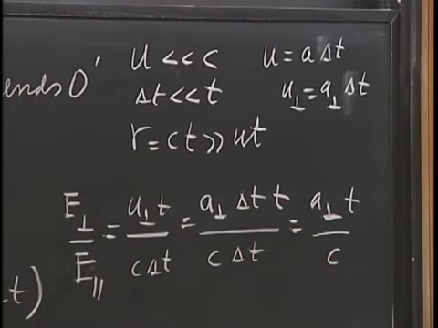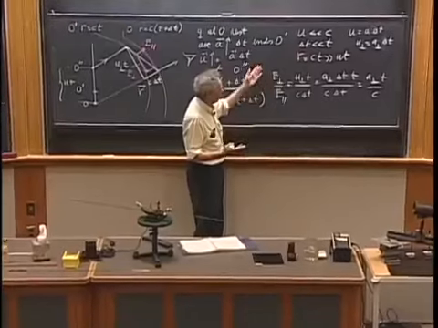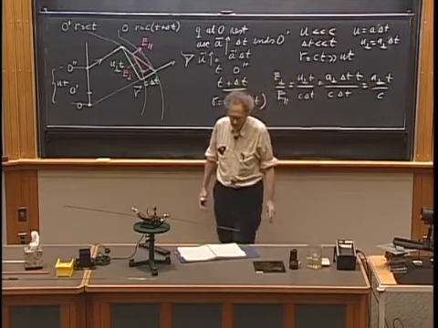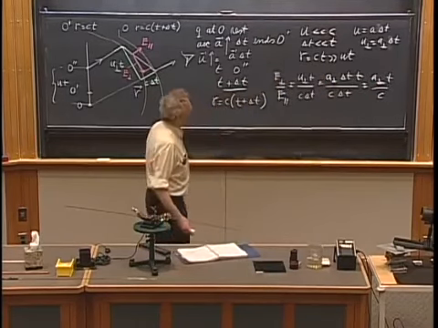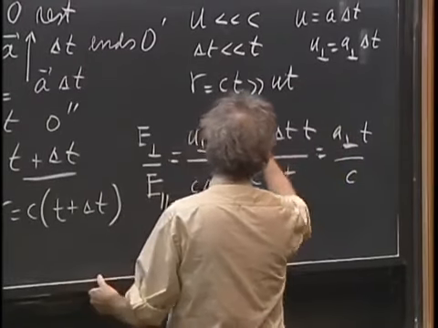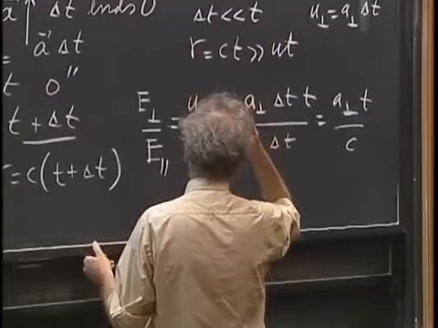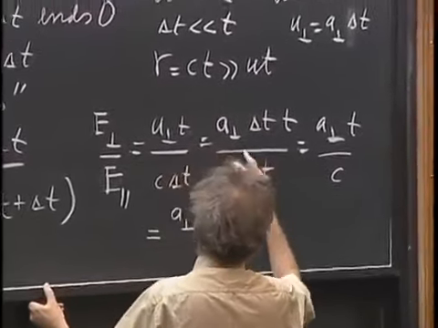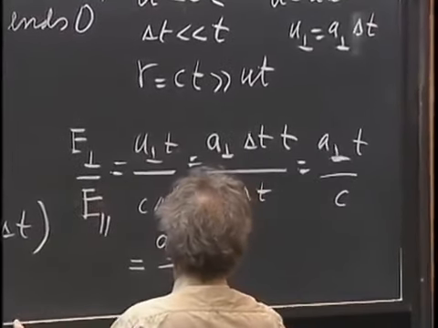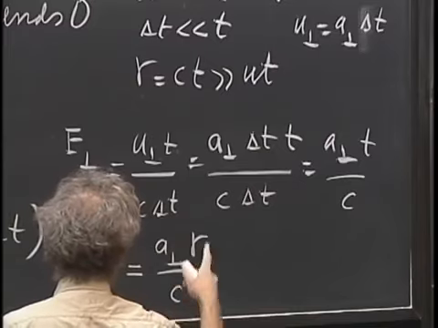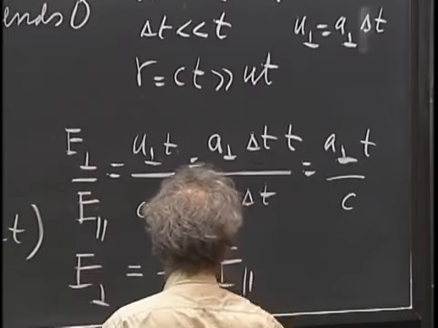If now I can calculate what E parallel is, I'm done, because then I know what E perpendicular is. I put the E parallel here, and I am in business. Before I do that, I want to eliminate t, and I'm going to write for this t, r divided by c. So it is also a perpendicular times r divided by c squared. And so I can write down now that E perpendicular is this times E parallel.